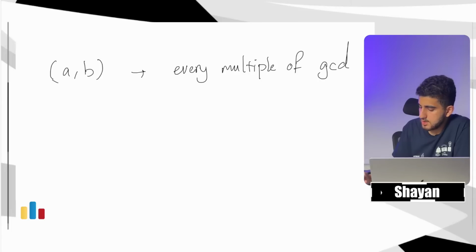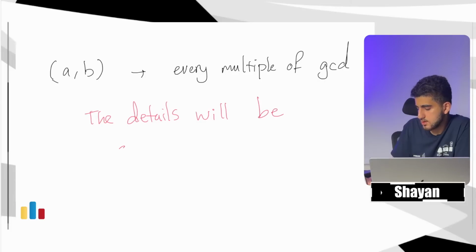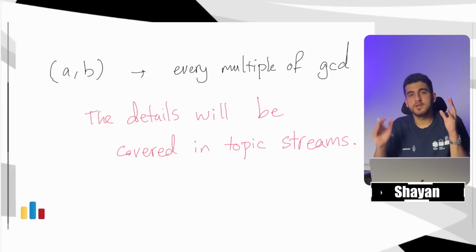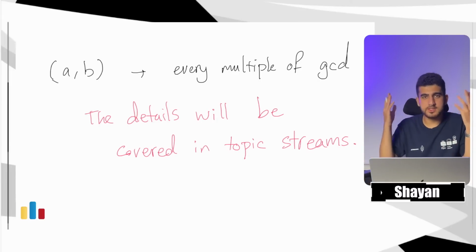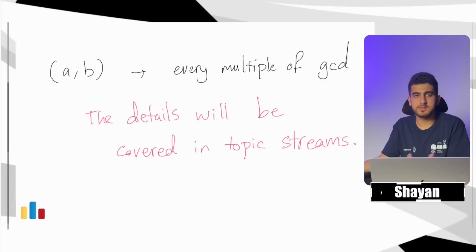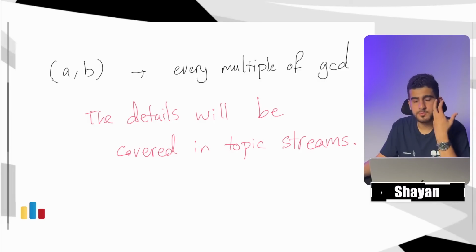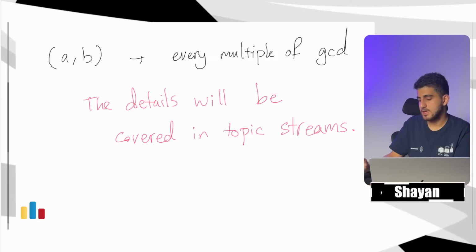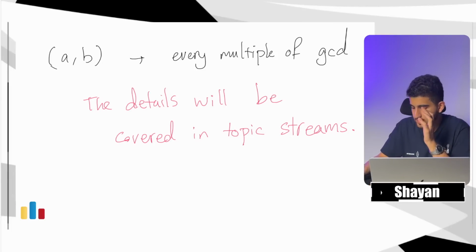As I said, the details, like the proof, will be covered in topic streams, once we go over this topic and completely explain how Bezout's theorem can be proved and how it is useful. For example, you see one of the problems where this theorem was useful, but you need to understand its concept more deeply and know the proofs. So I think we need a dedicated topic stream to discuss it completely.